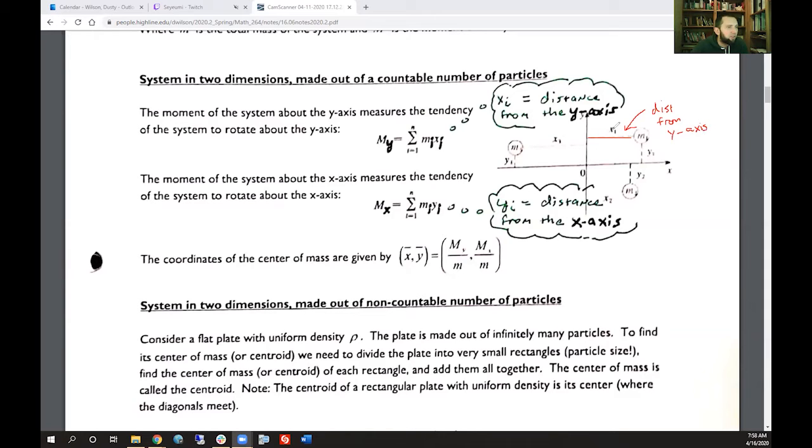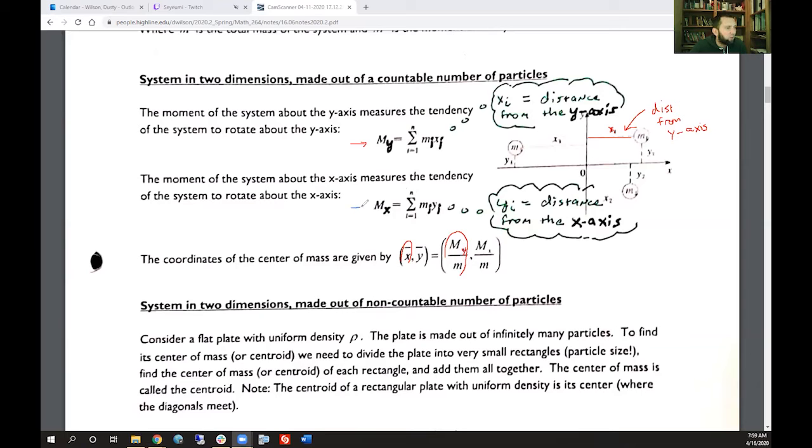And notice the distance from the y-axis is given by that x value. This all gives you the moment about the y-axis, and interestingly enough, you'll notice that the moment about the y-axis is what's used to find x bar. Why is that? Because what matters for the moment about the y-axis is all those x values.